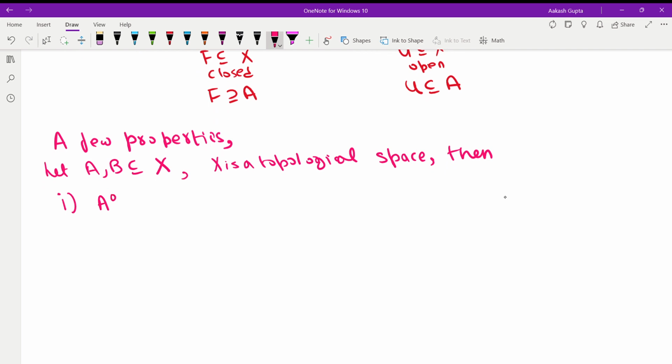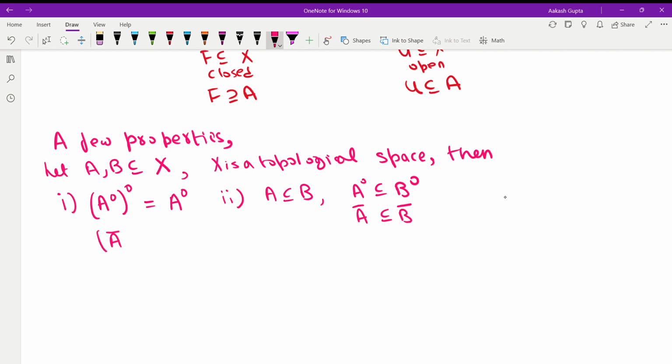Number one, A interior, and again if you take the interior, this is A interior. Second, if A is sitting inside B, then A interior is sitting inside B interior, as well as A closure is also sitting inside B closure. Similarly here, the closure of A closure is also A closure.